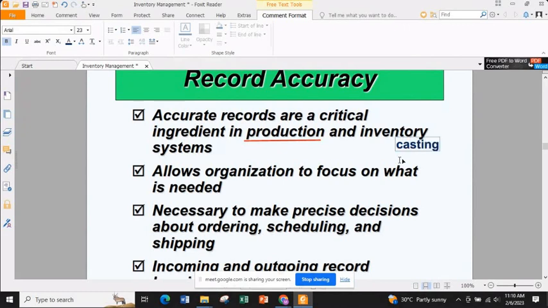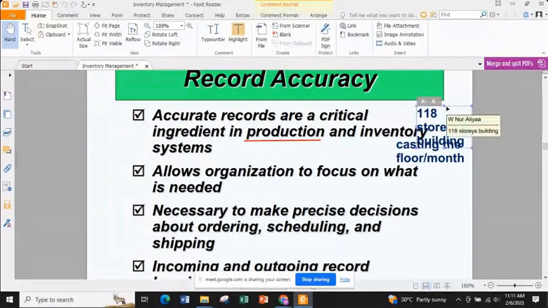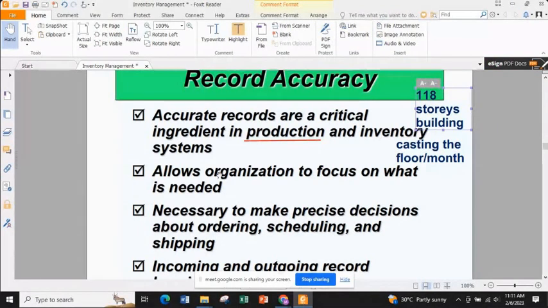Casting the floor per month, that's our rate. We monitor. So how many months do you require to complete the 118 stories? Let's say a 100-story building. So this is a unit we use.